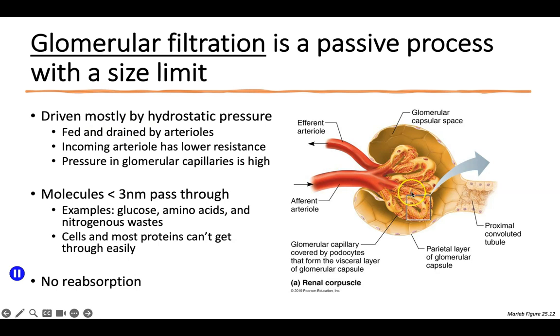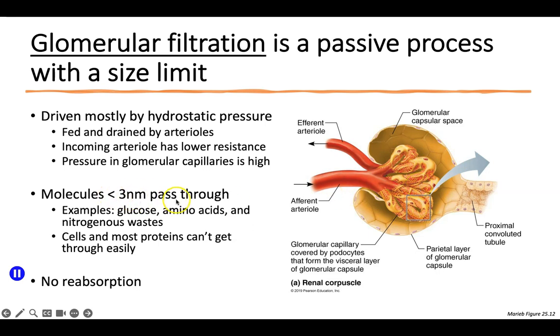The glomerulus is fed by the afferent arteriole, and it drains into the efferent arteriole, which you can see here is going to be a smaller diameter. What that basically means is that the incoming arteriole is going to have a lower resistance. So that's going to allow lots of blood in, which then gets backed up, raising the pressure within these capillaries.